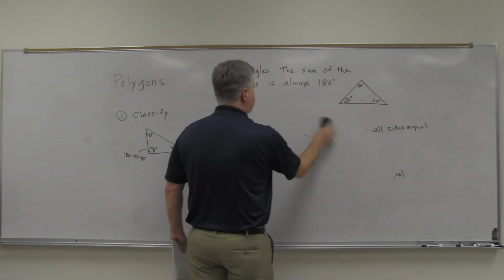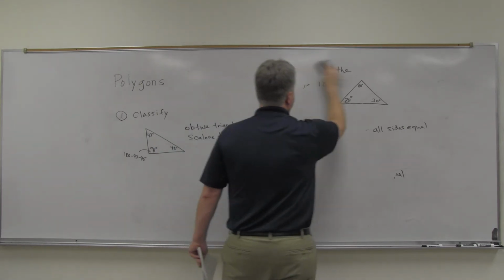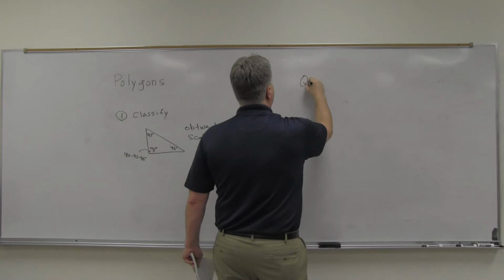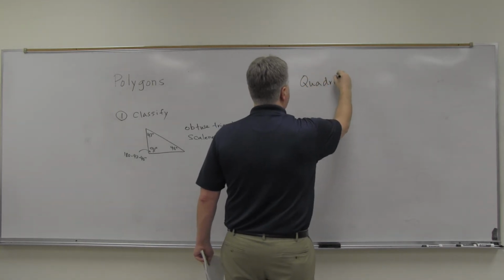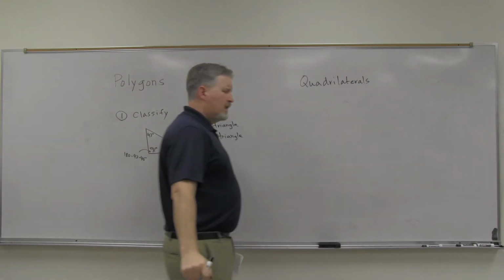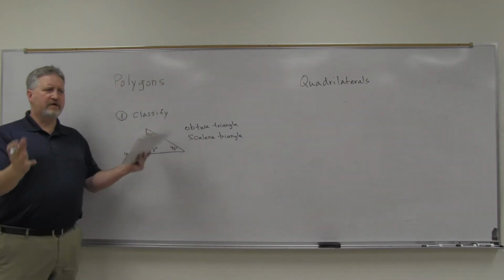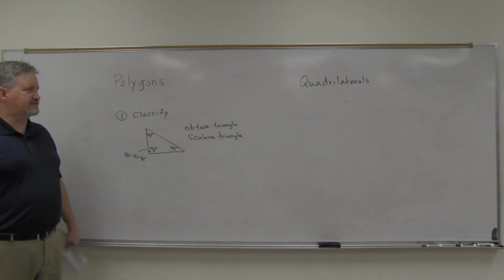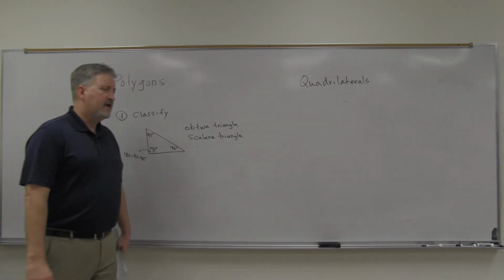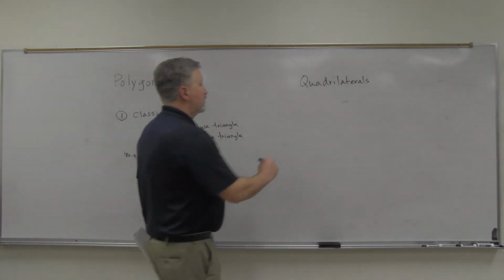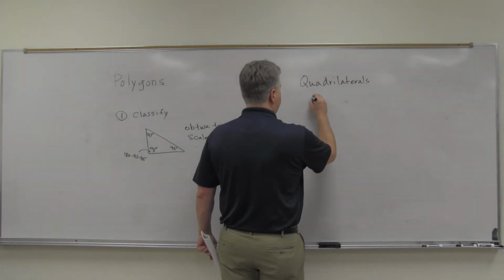All right. Now, the other thing I was going to get to here is classifying the quadrilaterals. So let me do that real quick here. There's three different classes of quadrilaterals we could group them in. And we do those by parallel sides. Of course, if you've got two pairs of parallel sides, you've got a parallelogram.